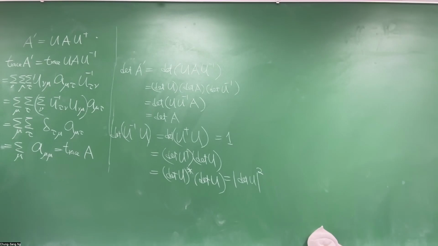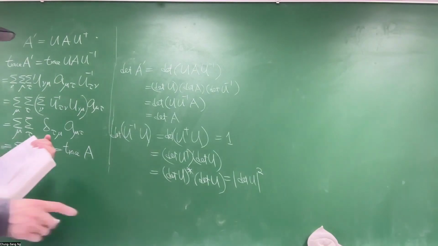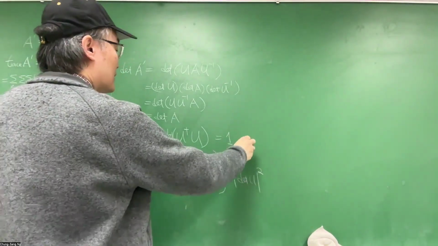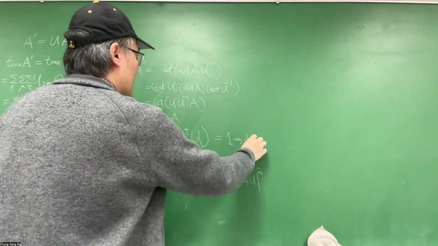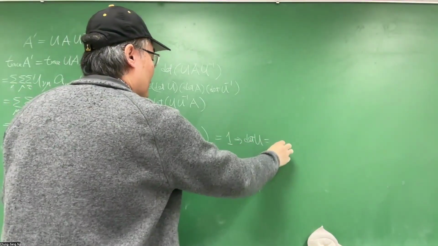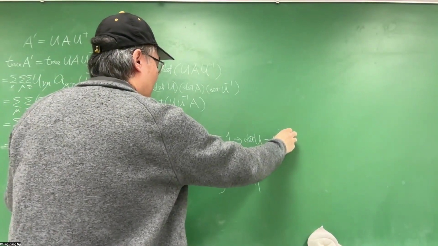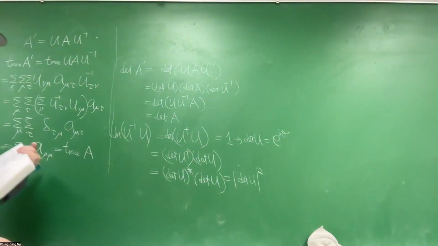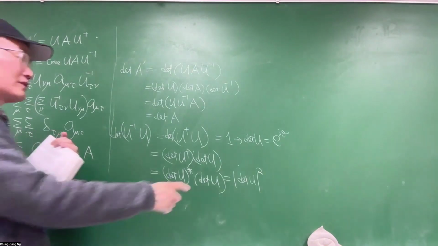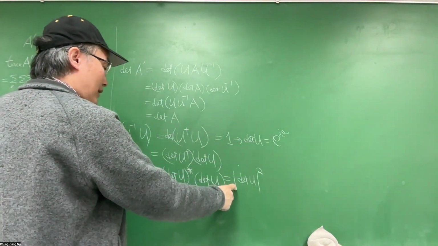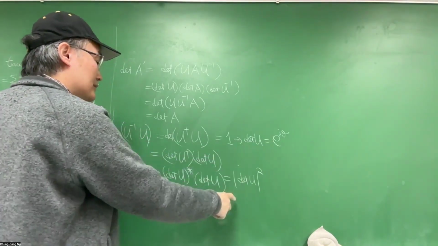And then you can say that the determinant of U is some kind of phase, e to the i theta, with a real phase, because that gives a determinant magnitude equal to 1.